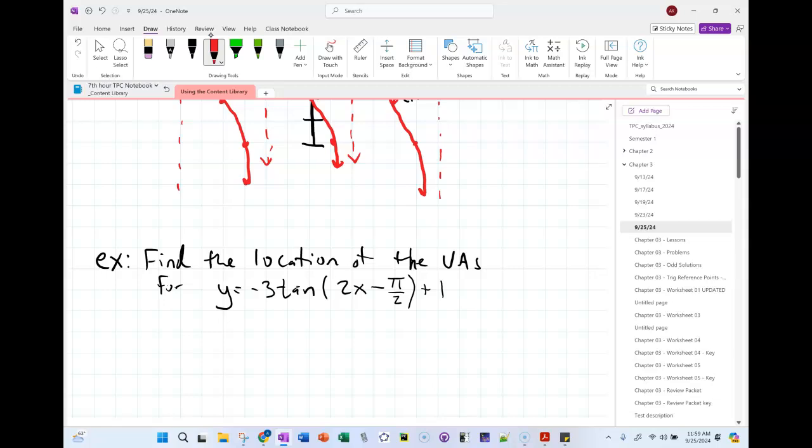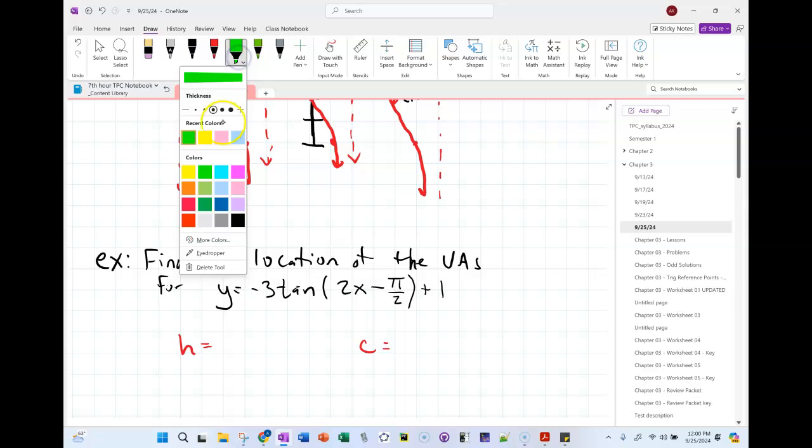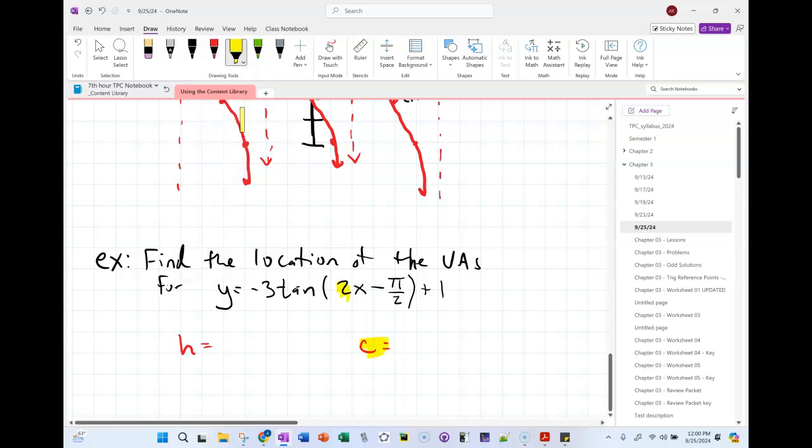All right. The next one, our next example, this will be our final example here today. Yay! Says find the location of the vertical asymptotes for y equals negative tan of 2x minus pi over 2. To do this, all I really need is the h and the c. The c I know is just related to that coefficient on the x.